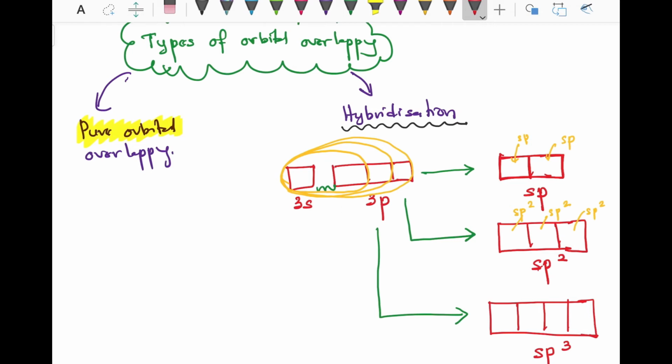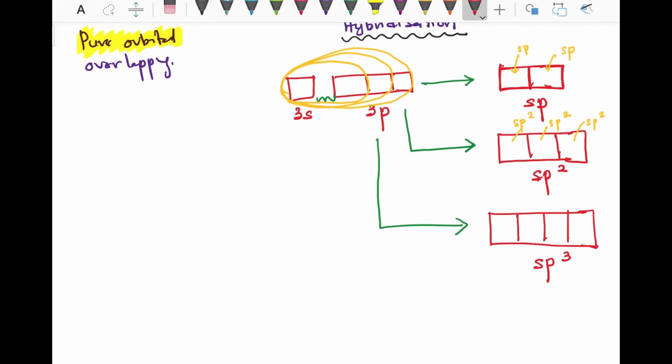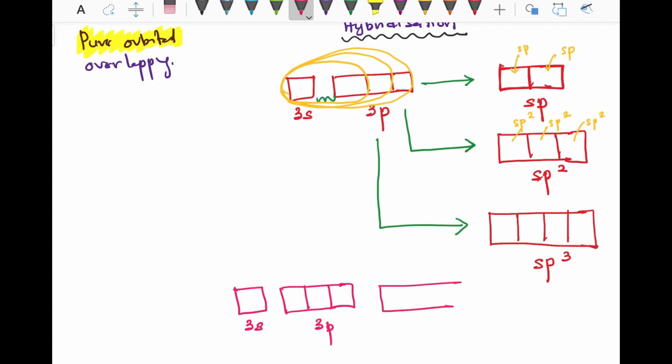So now we have three. And what happens when we have a combination with the 3d orbitals? Let's say I add another orbital. We have 3s, we have 3p, which is at a different energy, and we have 3d.